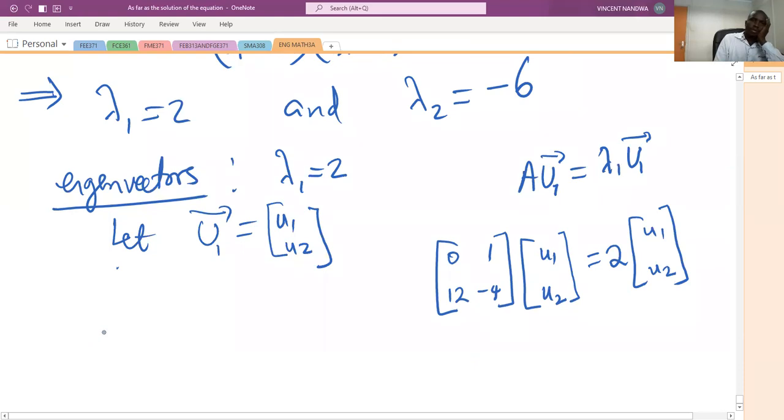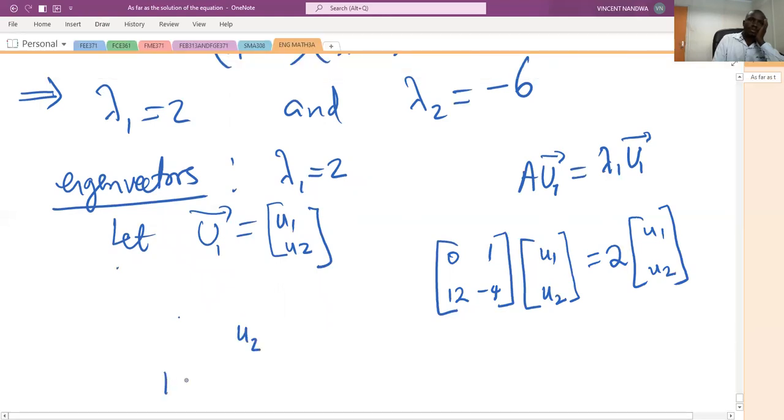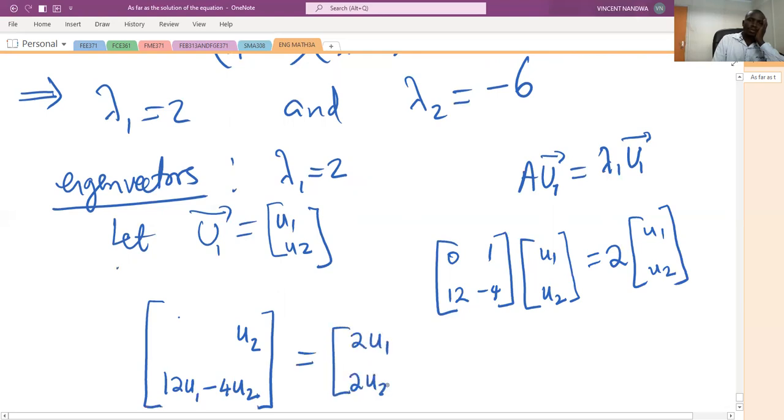So we'll have 0 times u1 is 0, and then u2, and then we have 12 u1 minus 4 u2 to give us 2 u1, 2 u2.